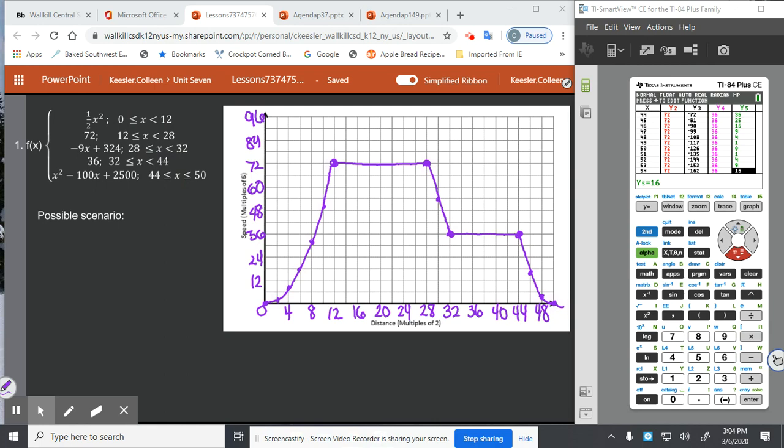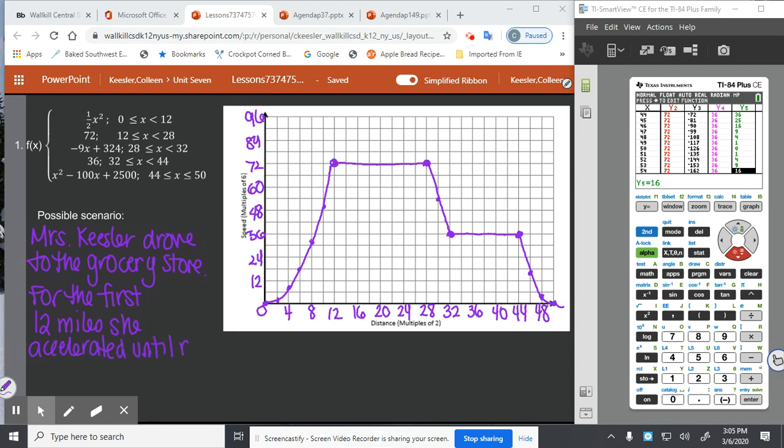So we could say, Mrs. Kiesler drove to the grocery store. For the first 12 miles, she accelerated until reaching 72 miles per hour.